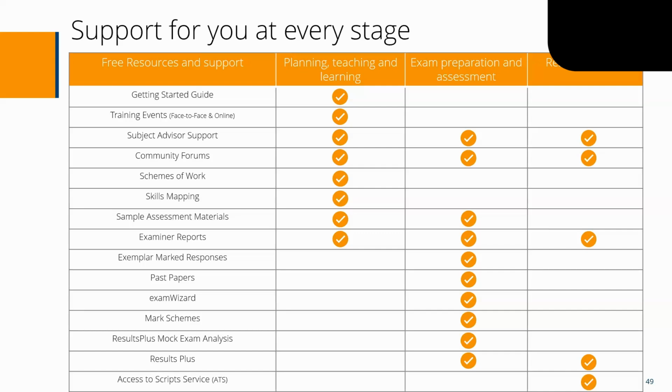It's a table I shared yesterday, so you can see them on your copies of the slides as well. And under the categories of free resources and support, module 3 of this course, which is at a later date, will go into more detail on some of the free resources and support that's available on the website. If you want to sign into that, you can find out more about those.